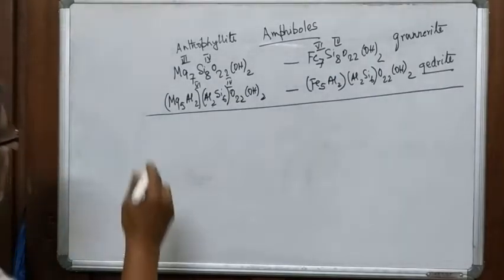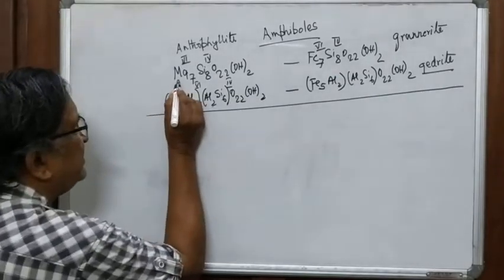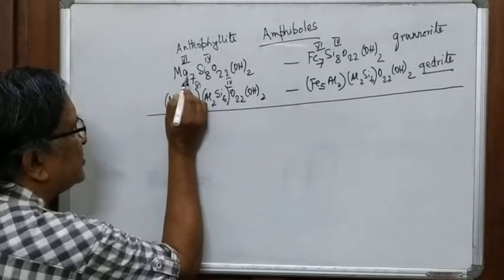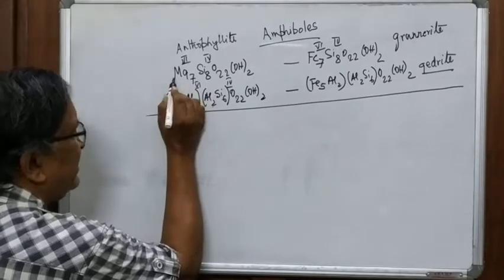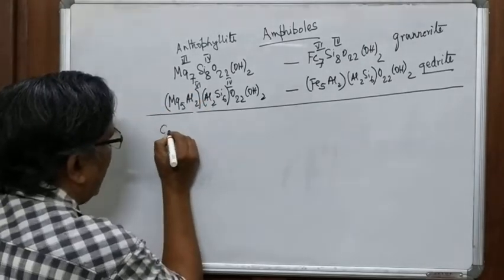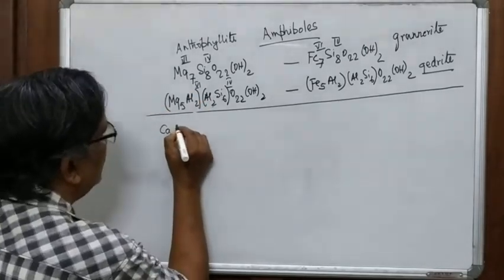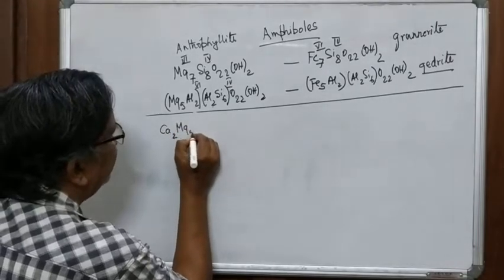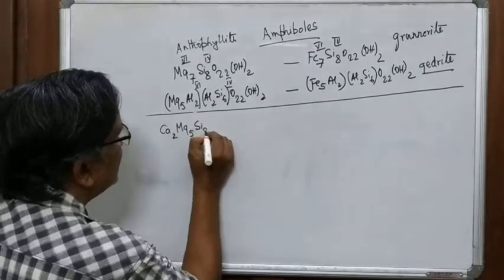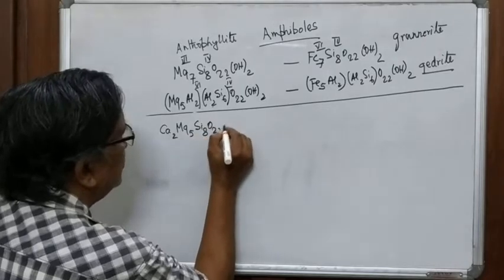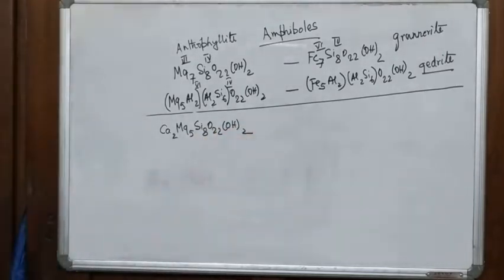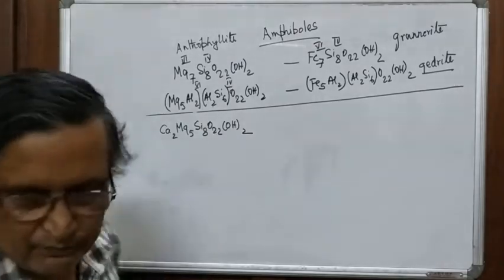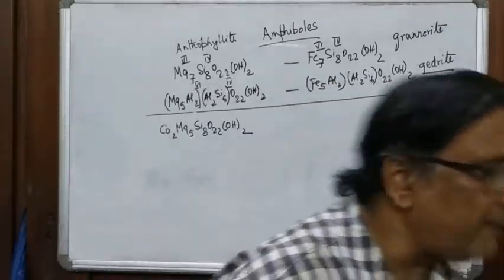But there is a possibility you have 7 octahedral ions, but you can replace 2 of the magnesium by calcium. And so you have Ca2Mg5Si8O22(OH)2. Now you know the name of this mineral. This is tremolite.